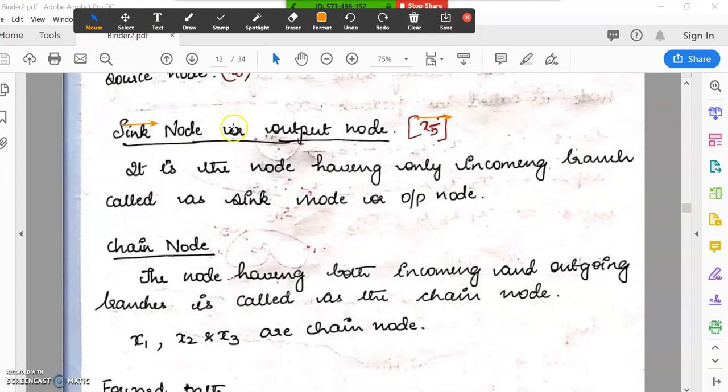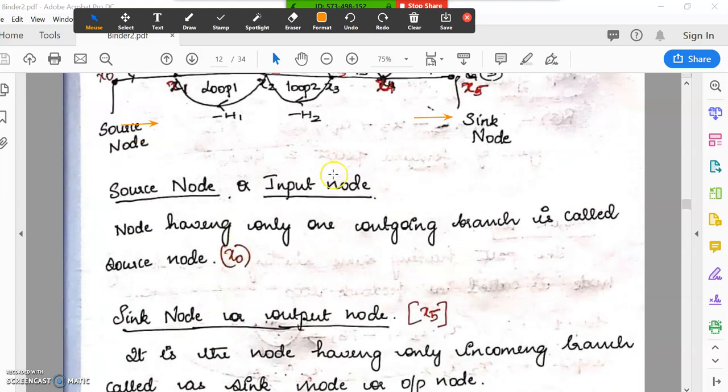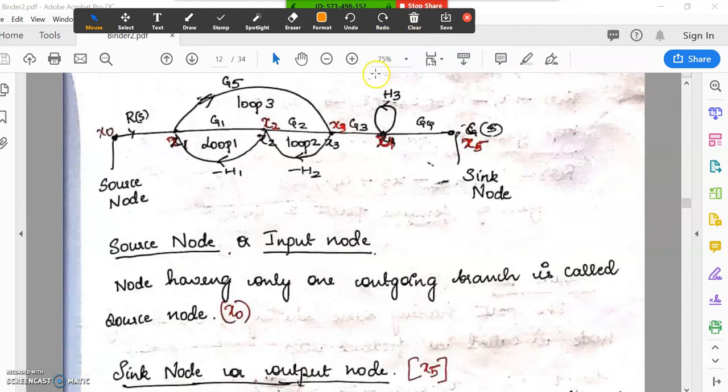Next, it is the chain node. Chain node means which has both incoming as well as outgoing. Here x1 has both incoming as well as outgoing. See, signal comes in as well as signal goes out. Here also x2 signal is coming as well as signal is going out.